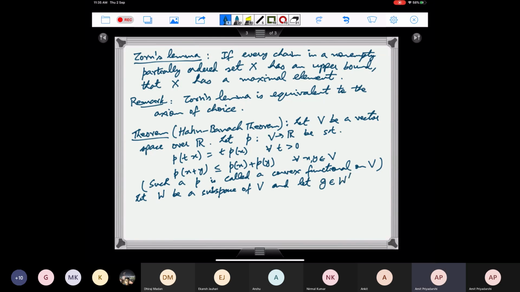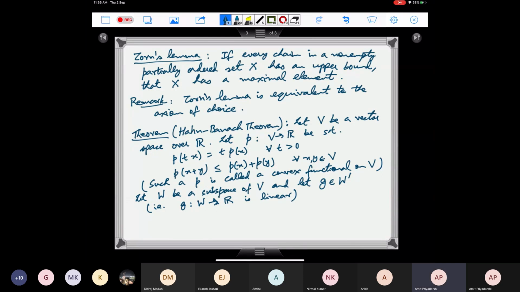So remember, what is W prime? W prime consists of all linear functionals on W. So that is, G from W to R is linear. Right.